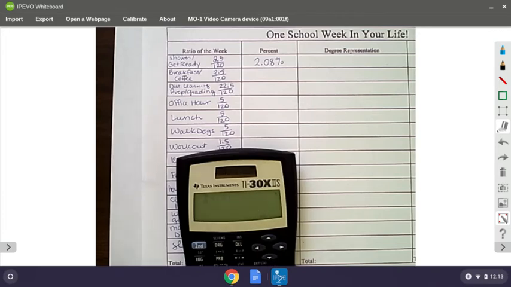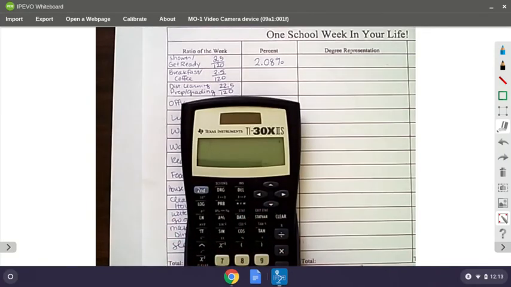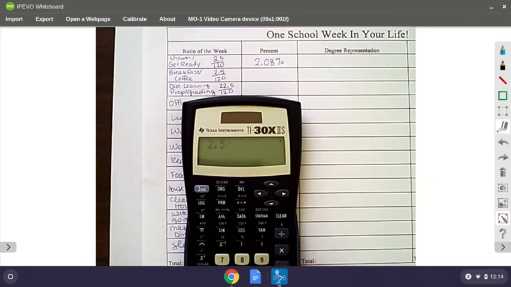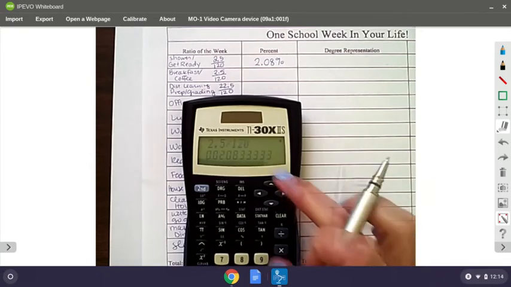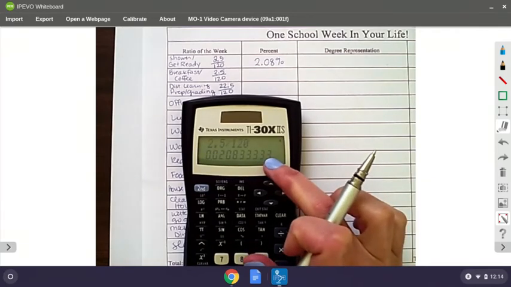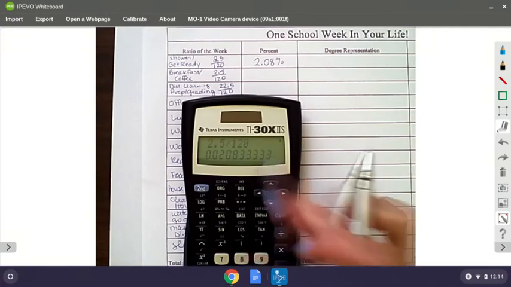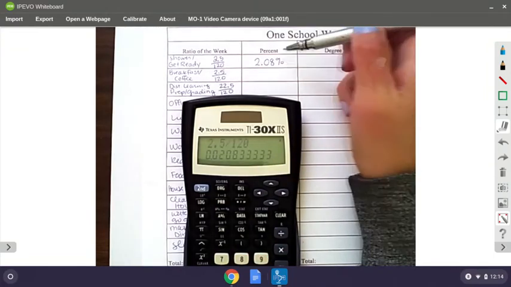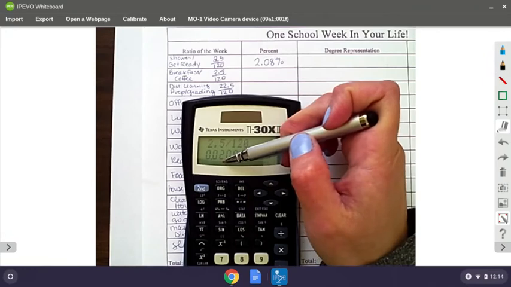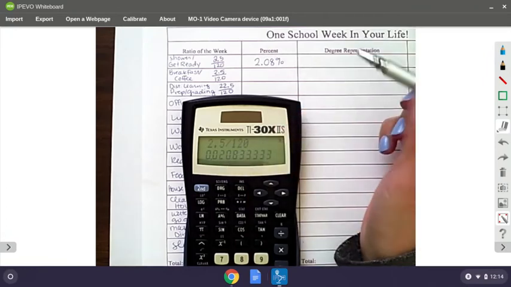Now to get the degree representation, you actually want to take the decimal form of that percent. So you know what? You want to keep that in your, I forgot about this. So when you do 2.5 divided by 120, keep that decimal in your calculator. And to write the percent, just move the decimal over twice in your head to get 2.08.